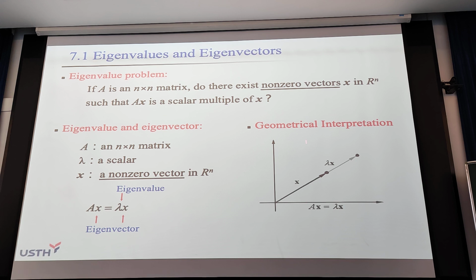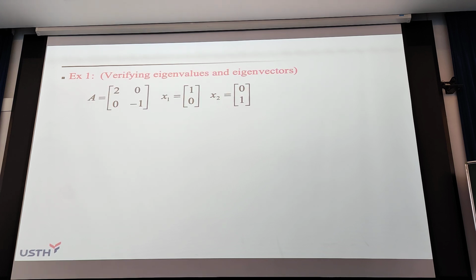And here is a geometrical interpretation. x to be like that, Ax equals lambda x, like that. Then lambda x is here. The example is the following.